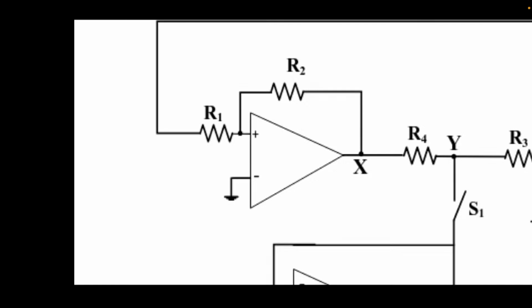If you have a positive voltage over here, what will happen is the amplifier has positive feedback, which causes the voltage at the output to saturate to positive VCC, right?